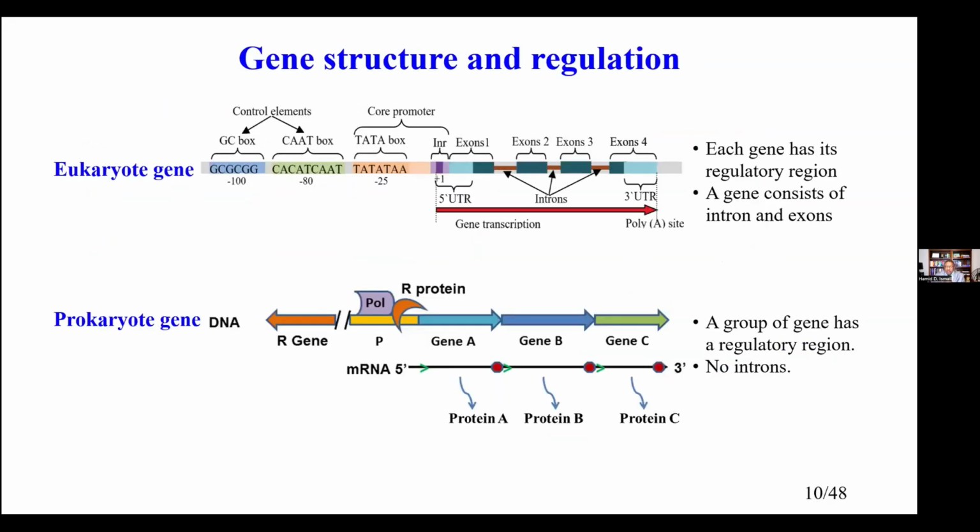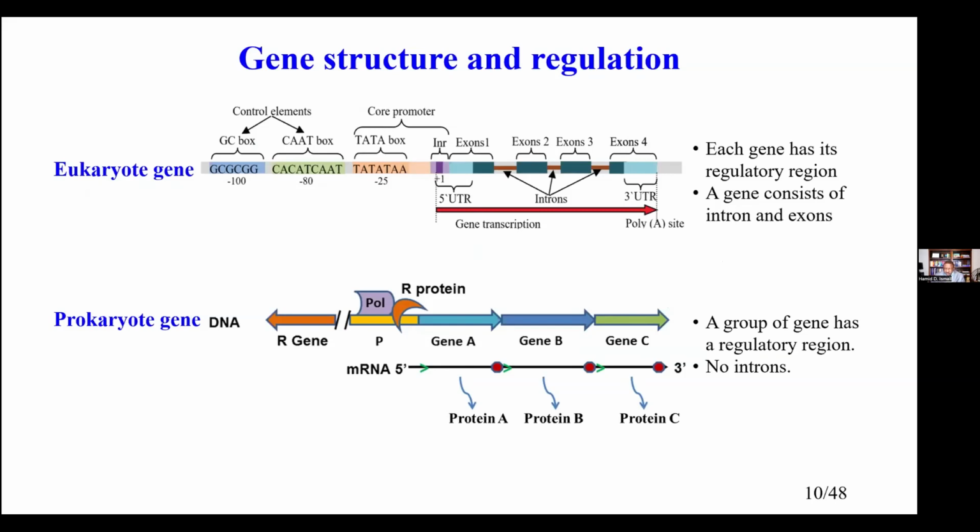It is very important to know the difference between the eukaryote gene and the prokaryote gene, and the gene structure itself. In the case of the eukaryote gene, there are introns and exons. Exon is the protein coding part. Intron is not a protein coding part. In the case of prokaryotes, there is no intron.